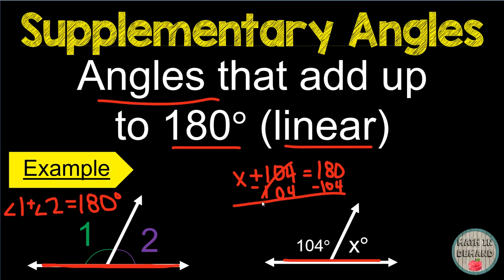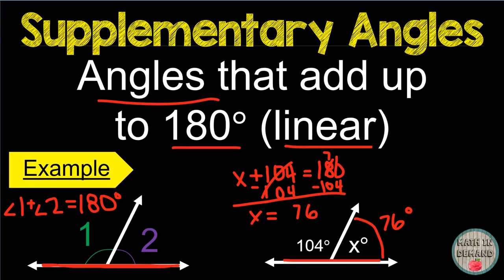This will cancel. I will get x equals. I will borrow, since I can't do 0 minus 4, this will become a 7. 10 minus 4 will give me 6. 7 minus 0 will give me 7. And 1 minus 1 is 0. So x equals 76. So what that means right here is this angle is 76 degrees.